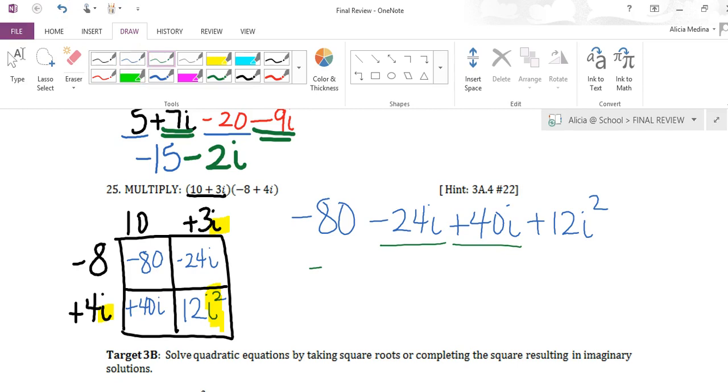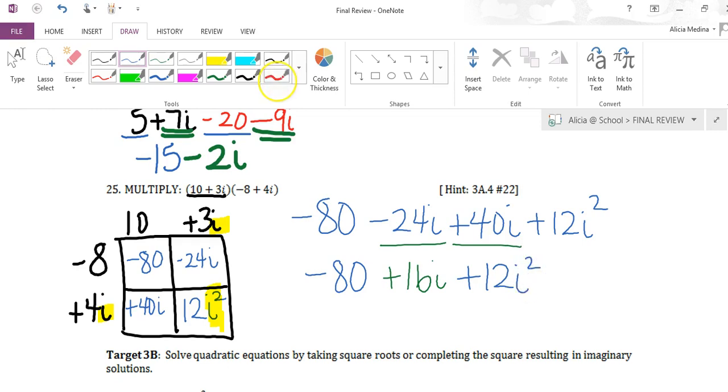So I'm going to bring down my negative 80. When I combine negative 24i and a positive 40i, that's going to give me a positive 16i. Still have my plus 12i squared.